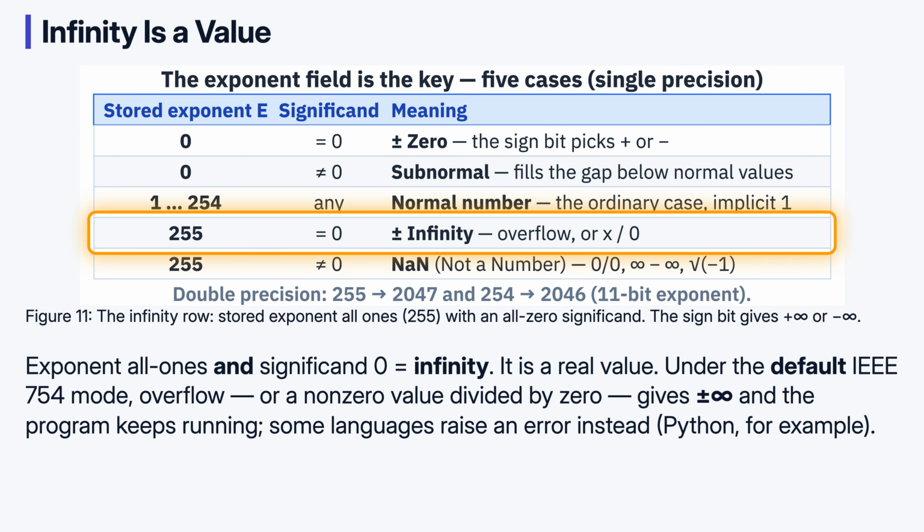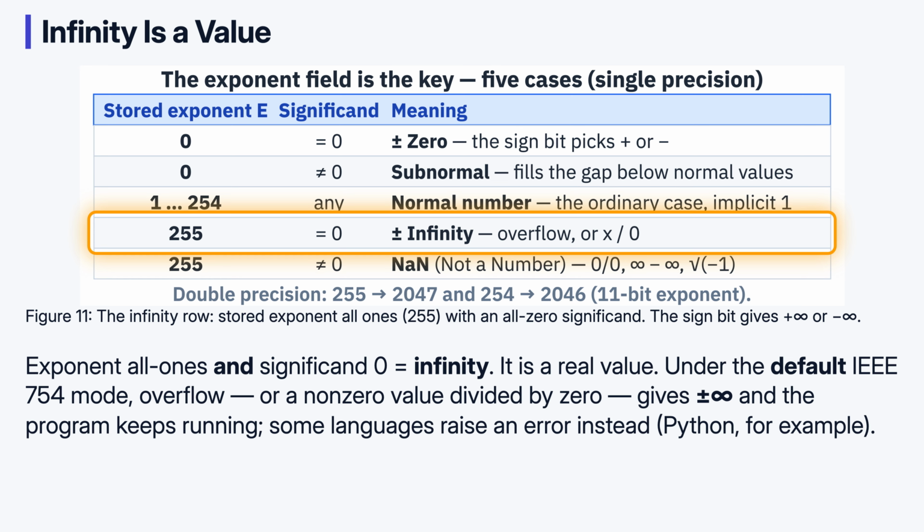Next, the infinity row. When the stored exponent is all ones and the significand is all zeros, the value is infinity, and the sign bit chooses positive or negative infinity. And infinity here is not an error. It is a genuine value you can store, compare, and compute with.